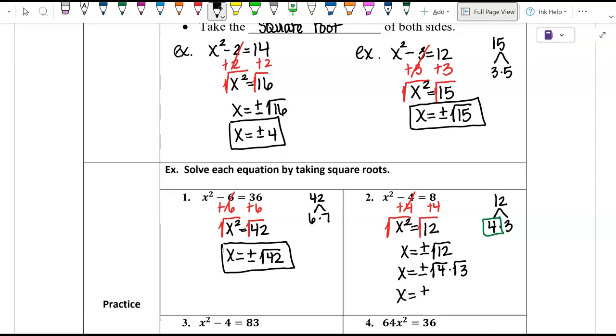So x equals plus or minus 2 radical 3. So again, we haven't even gotten to the imaginary part. This is just reviewing the skill of solving by taking the square root.